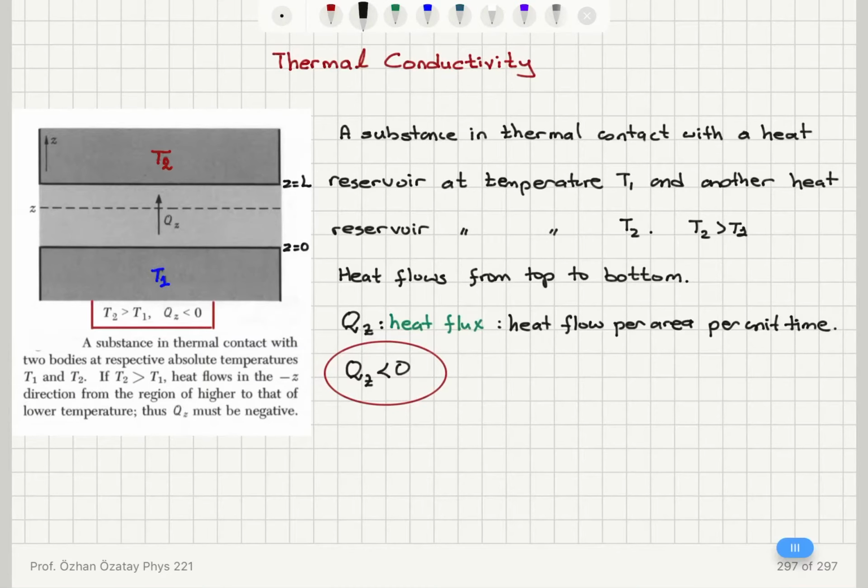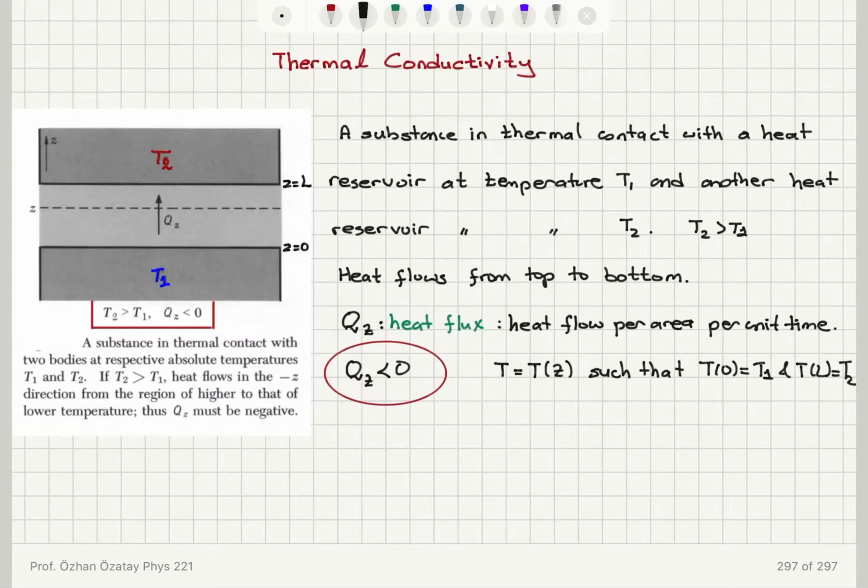So we have this boundary condition that the temperature of the substance is a function of Z, such that at Z is equal to 0, the temperature is T1, and at Z is equal to L, the temperature is T2.